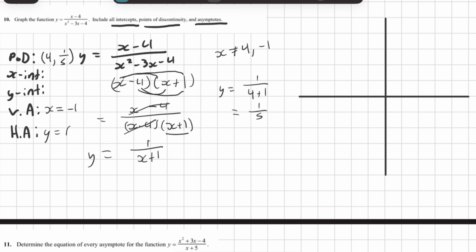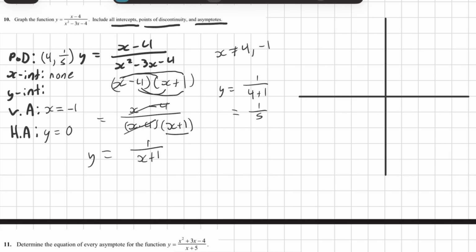So y equals 0. And because our horizontal asymptote is y equals 0, we're not going to have an x-intercept because it's never going to hit the x-axis. So for the x-intercept, you just put none or don't fill it out.